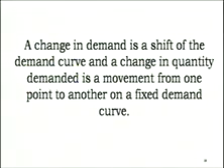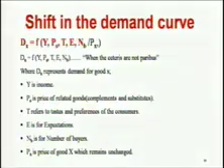Okay, then we discussed movement along the curve, which is mainly because of changes in price. So what will happen when the other factors change? Now look at this equation again. We are talking about so many variables. Among them we had discussed demand and price, P. When you say demand is a function of P, we assume other factors remain constant.